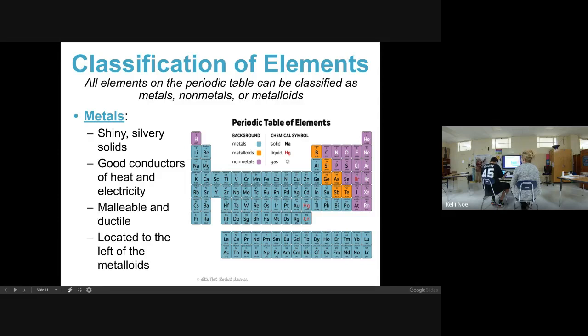All right, so see this zigzag line right here? I usually start underneath boron and aluminum. I go between aluminum and silicon, between silicon and, down here, between arsenic and antimony, between Sb and Te, and on top of Po, and down.